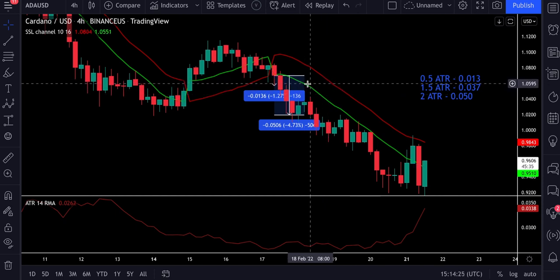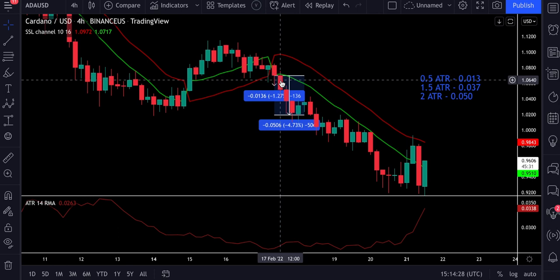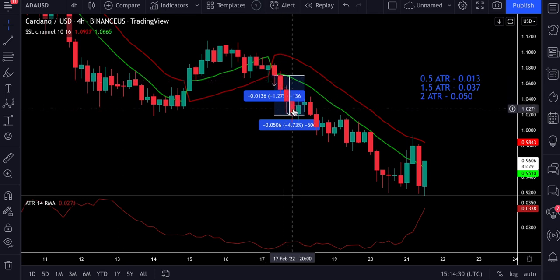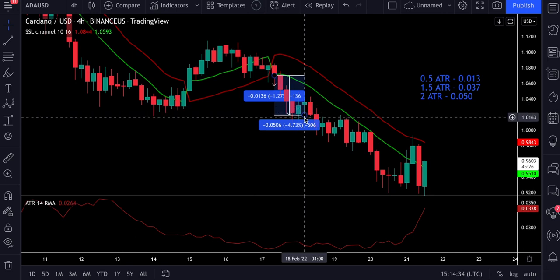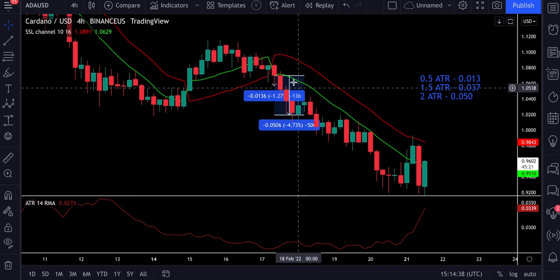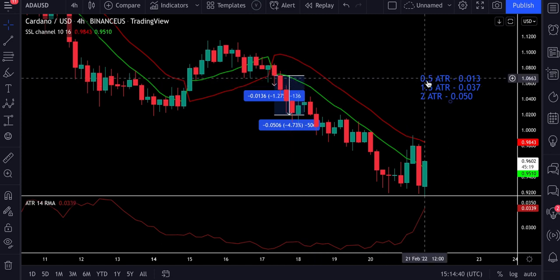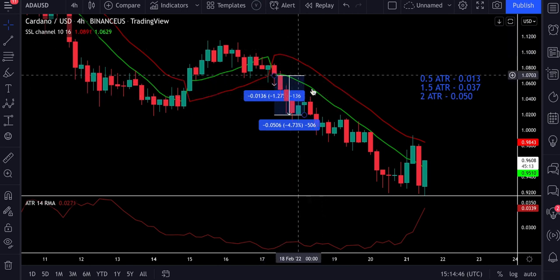So now we have our stop loss moved and we're pretty much playing with our profits. We're not losing anything. Now, if the price, for example, moves against us and hits our stop loss, we're still going to be in win of 0.5 ATR or 1.27% of gains. We're not losing anything at this point.